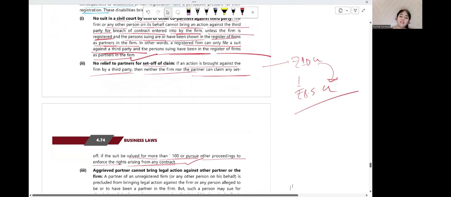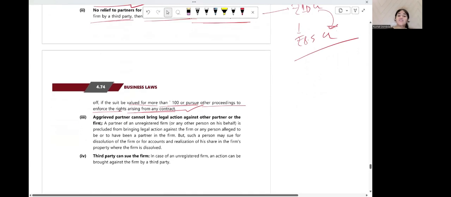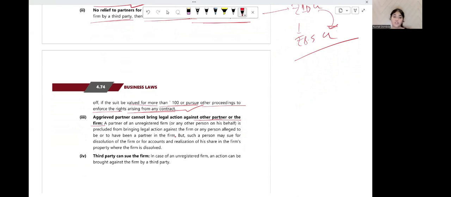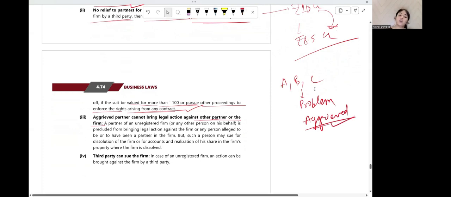Okay. Then your next is aggrieved partner cannot bring legal action against any other partner or the firm. If you have any problem, the firm has not given you the money. A, B and C are partners. B has a problem. He is aggrieved. Aggrieved means who is disappointed, who has not been given the rights exactly. He has not been given the exact money or the promised money.